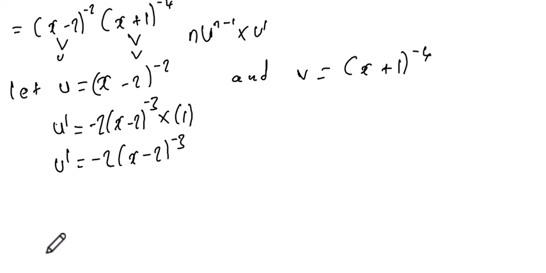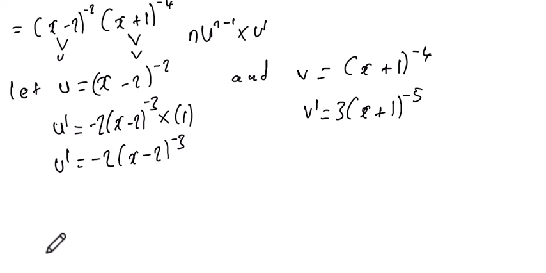Okay, on the other hand, how do we find our v function? So we follow the same procedure. The power will come down, multiplied by our original expression, which is x plus 1, to the power negative 5.